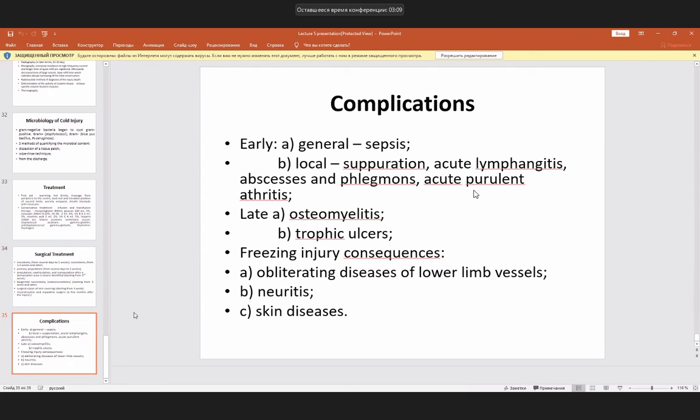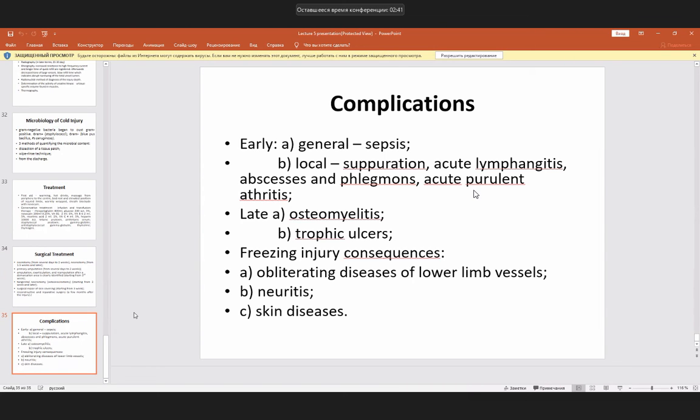Complications: early degenerative sepsis, local suppuration, acute lymphangitis, abscesses and phlegmons, and acute purulent arthritis.